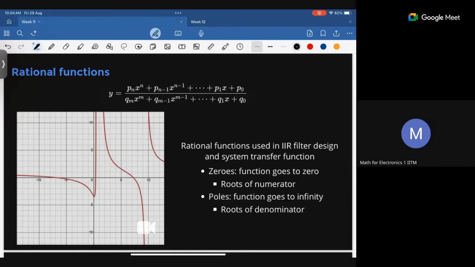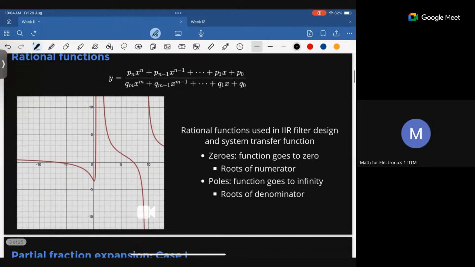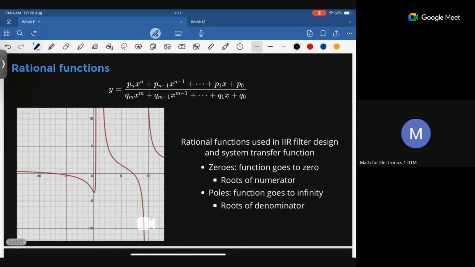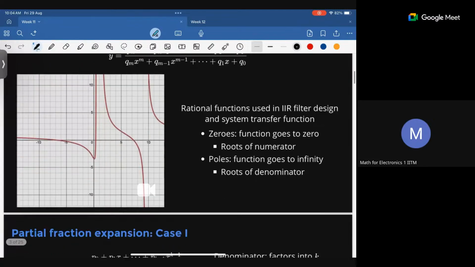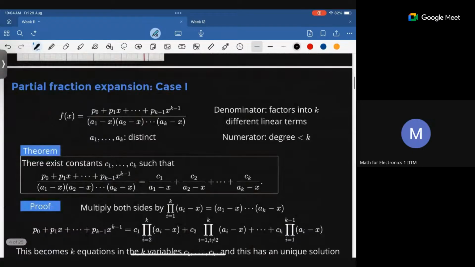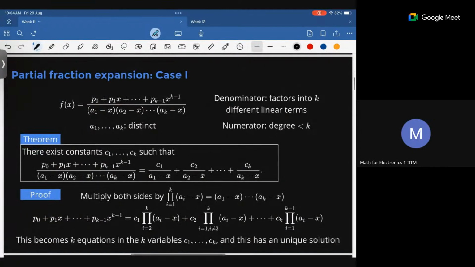Such a rational function needs to be written in another form, which is what we call partial fractions, right? So we should know the partial fraction expansion. Okay, so what we have to do, first we have to factorize the denominator.